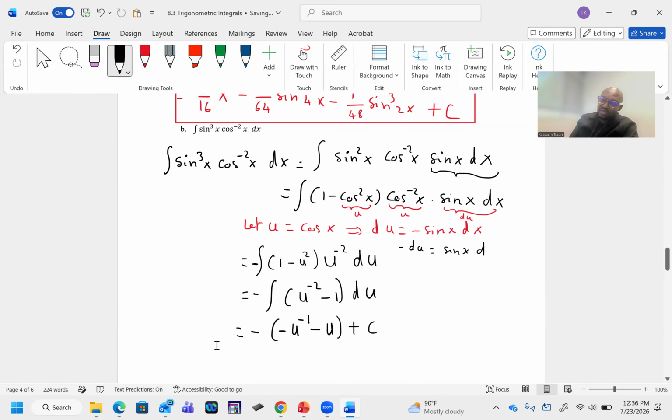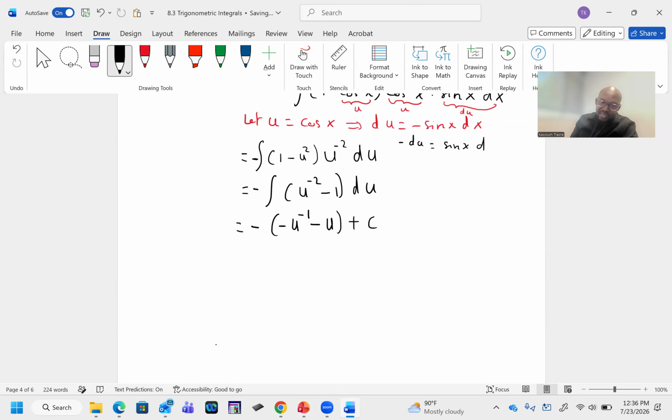Does that make sense to everyone? Which is exactly the same thing as 1 divided by u, because if you distribute this negative, this one will become positive. U to the power of negative 1 is 1 divided by u, plus u, plus c.